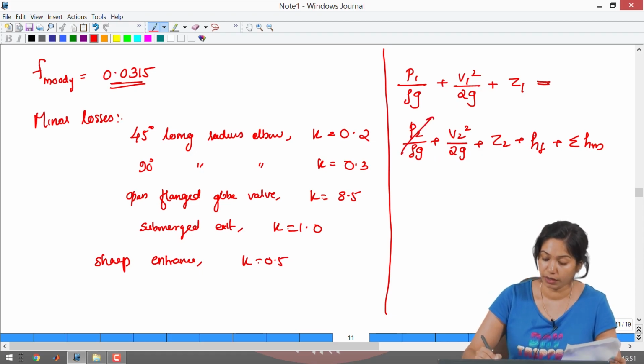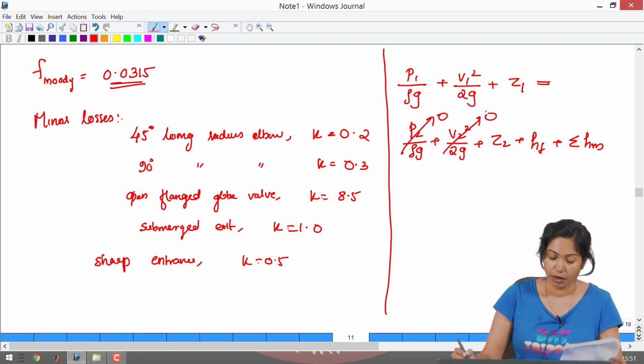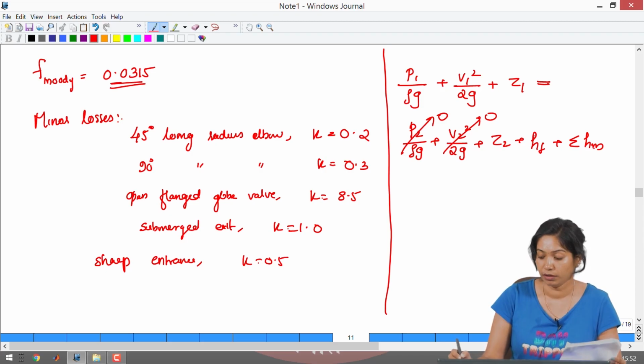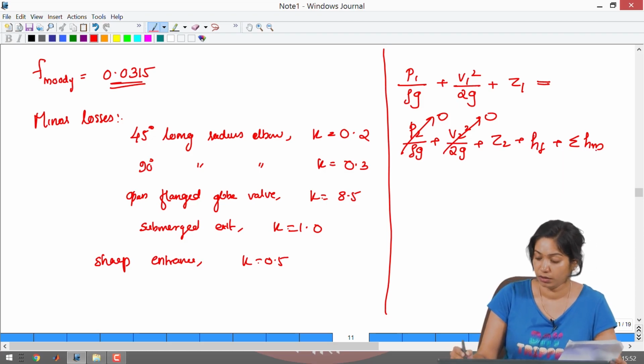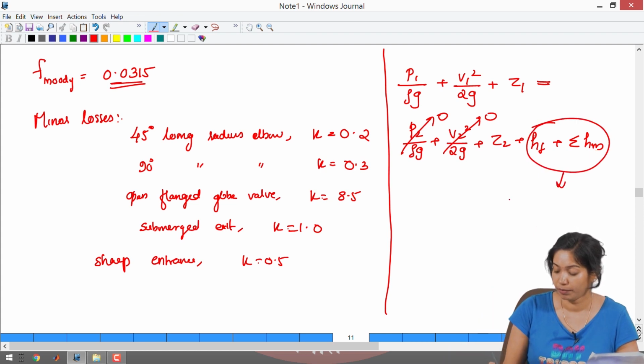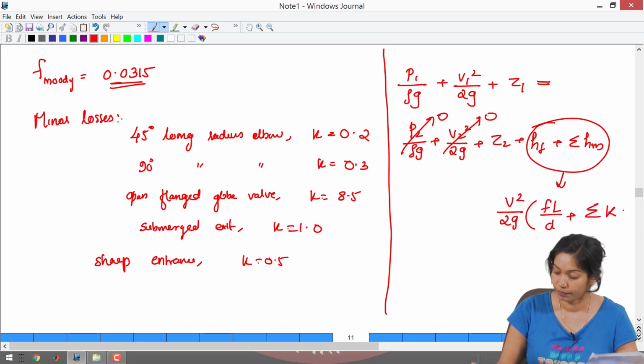So, here we can neglect this, and also velocity is equal to 0. And these are the head loss due to friction, and this term is due to bends, elbows and all. So, this term we can replace as V square by 2g into fL by D plus sigma K.